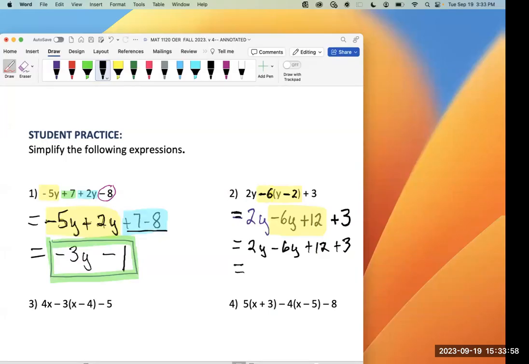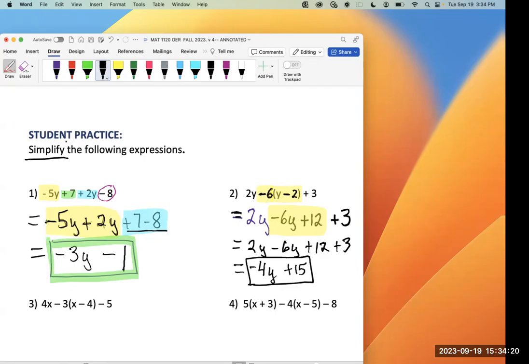If I have 2 of them and I lose 6 of them, I'm down 4 of the same thing. We are not changing the exponents because when we add or subtract, we're just putting things in or out of a basket. They don't change shape or form. 12 plus 3 is 15. That is my final answer.